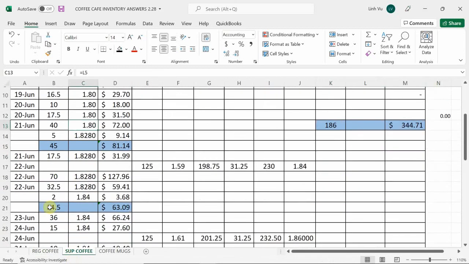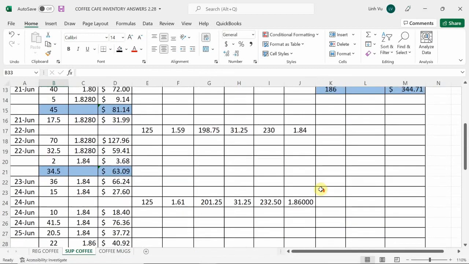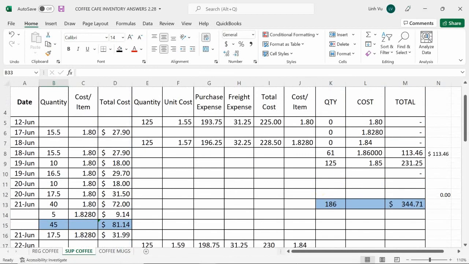For Supreme Coffee, we sold a total of 55 pounds. So let's take a look at my inventory. I have just plenty enough to sell those 55 pounds of my Supreme Coffee, right?